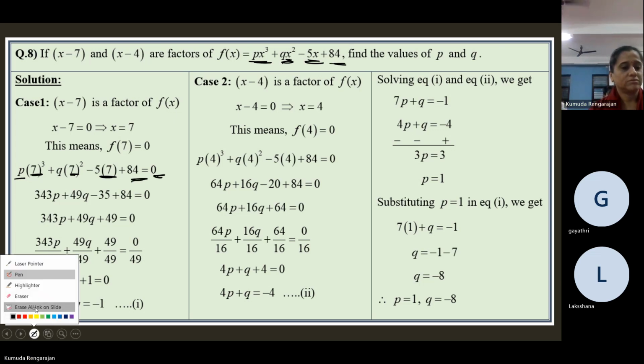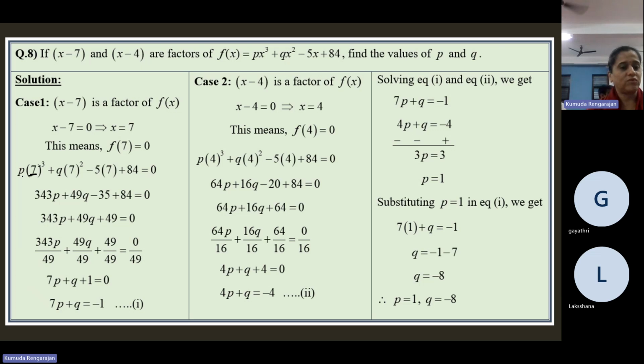So 7 cubed is 343, 49 into 7 is 343. 343p plus 7 squared is 49q minus 35 plus 84 is equal to 0. Now minus 35 plus 84 is plus 49. So we have this equation: 343p plus 49q plus 49 is equal to 0.